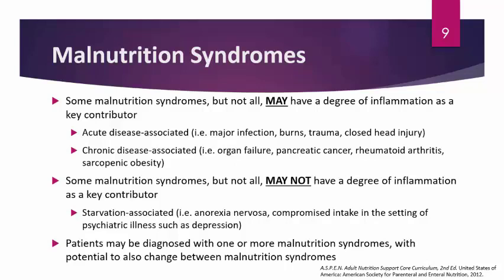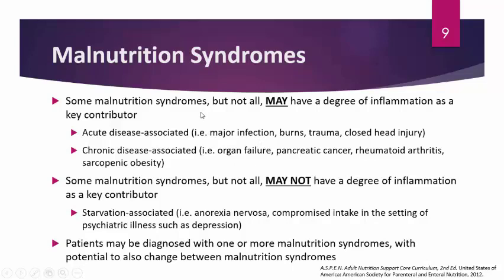Now, your book, the ASPEN Core Curriculum, divides these malnutrition syndromes up into those that have a degree of inflammation, which are acute disease associated and chronic disease associated, and those that do not have a degree of inflammation, such as starvation associated.